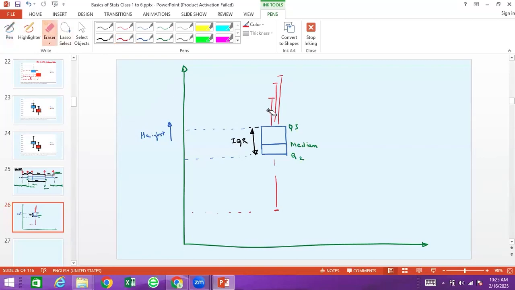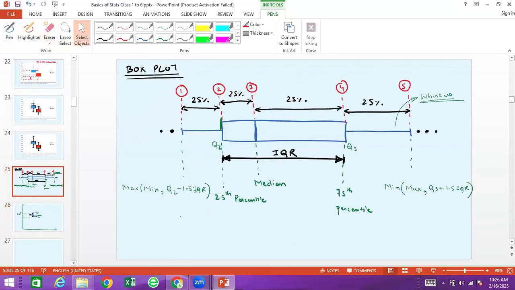Okay, so what we will do is, I said to find the whisker value, to find the first point and the fifth point. Let's talk about the fifth point first.